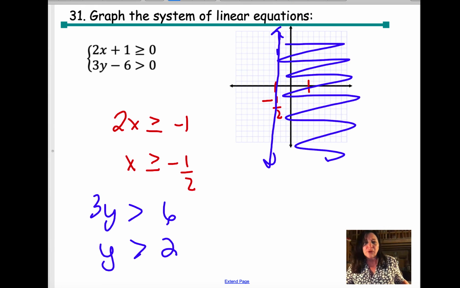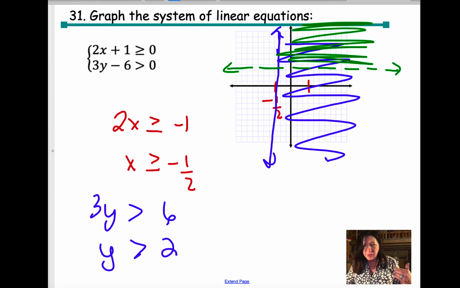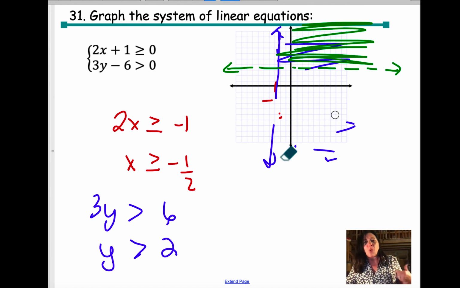That's a graph of y equals 2, but it's dotted. It's saying y is greater than, so it's everything shaded above this, but the only thing that's double shaded is this area in the top right. All this stuff over here doesn't exist. So only the part that is double shaded would be your answer.